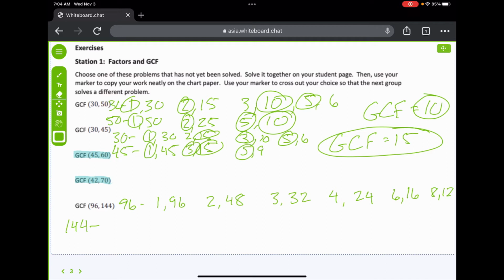Is it divisible by 9? No. It's not divisible by 9. It's not divisible by 10. It's not divisible by 11. Okay? So now then, let's do 144.